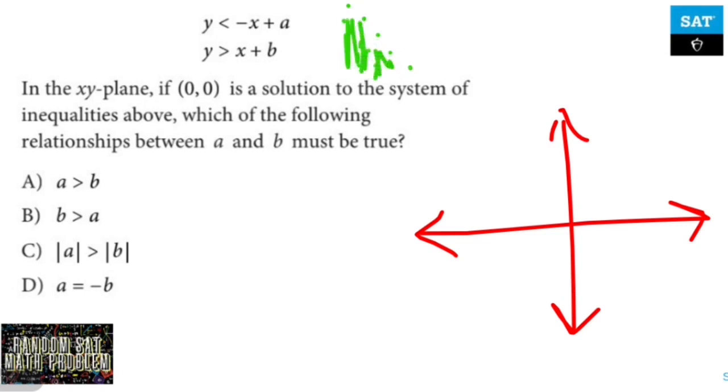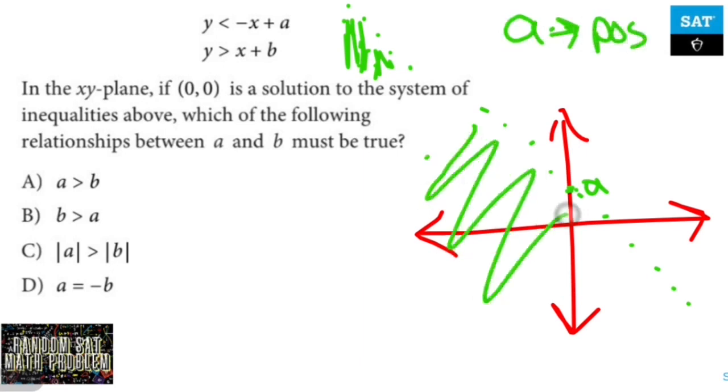Since I have to include (0, 0) as a solution, somewhere in my shading, my dashed line is going to look something like that, which means A, my y-intercept, has to be positive. A has to be positive if I'm going to shade underneath that line and include (0, 0).